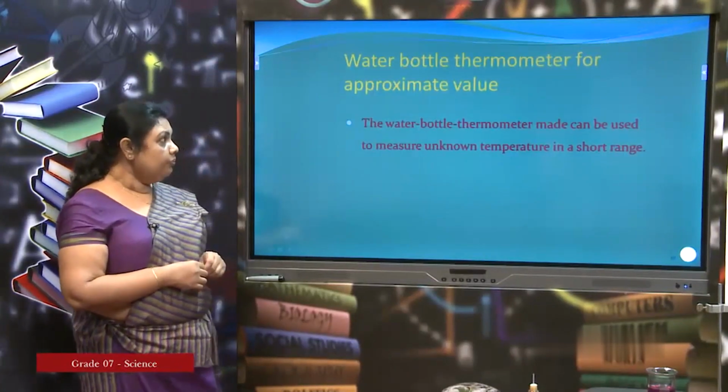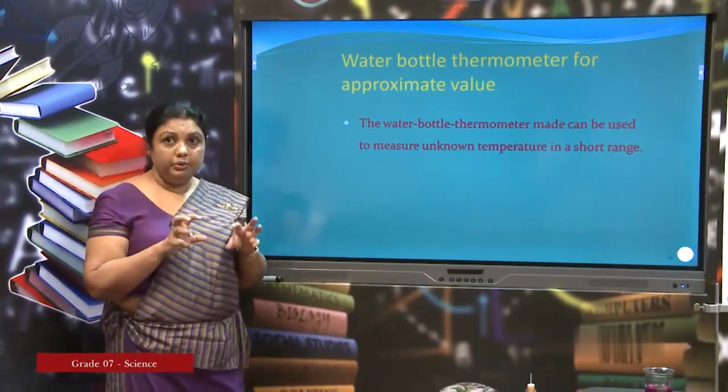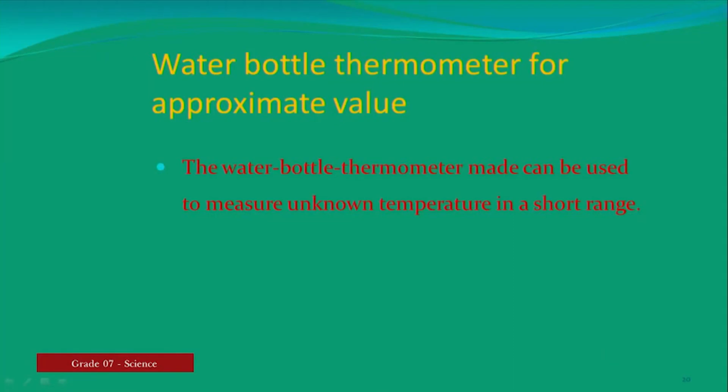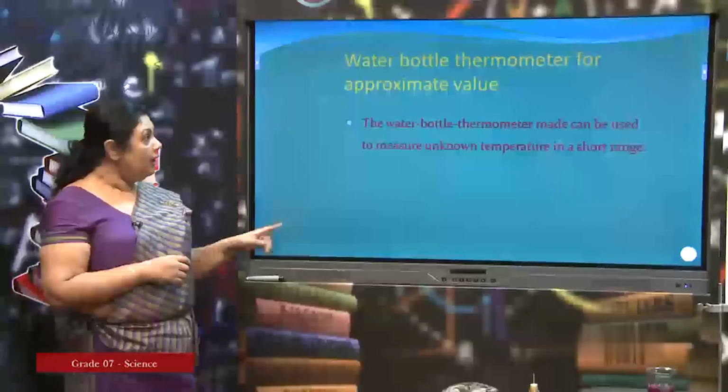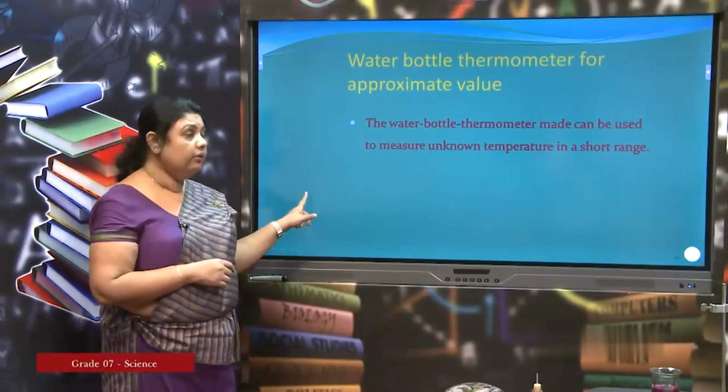Right. So, the water bottle thermometer can of course be used to measure an unknown temperature. You can't make it with a very long range, but for a short range you can use it. There are thermometers which you can use for a long range as well.